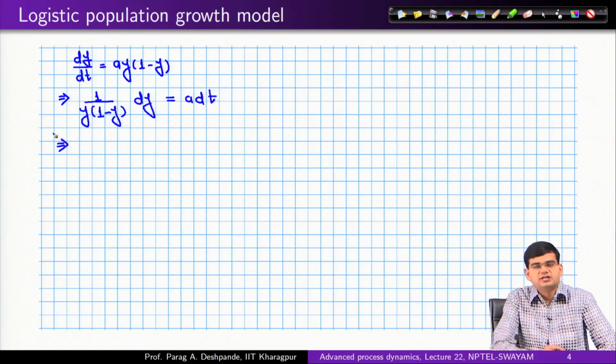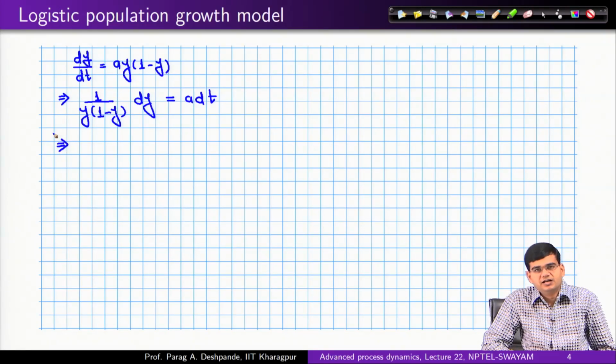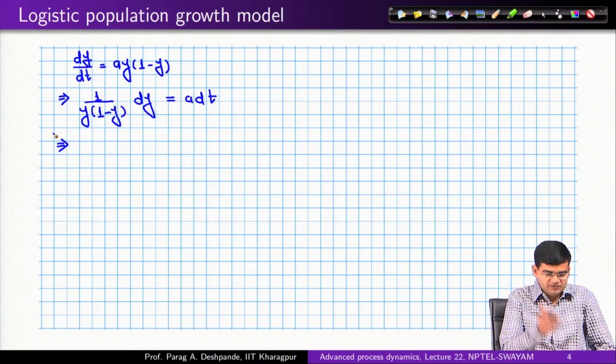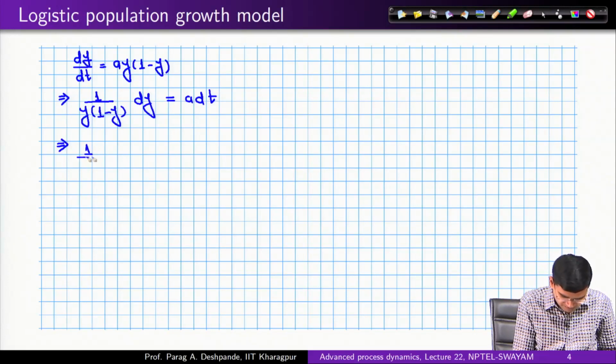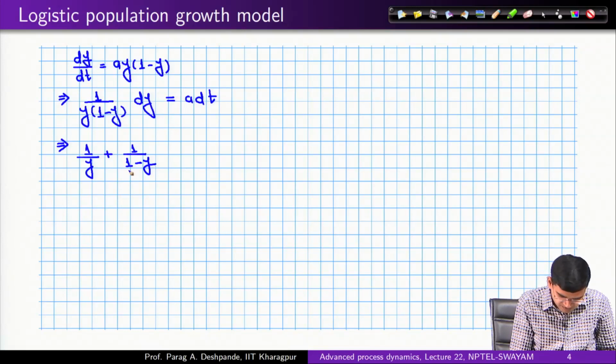And what do I do with the left hand side? If you remember, I need to do a partial fraction. For this particular case, doing partial fraction is not very difficult. I believe this should be 1 upon y plus 1 upon 1 minus y. So, this will become 1 minus y plus y over y times 1 minus y, correct. So, dy is equal to a dt.